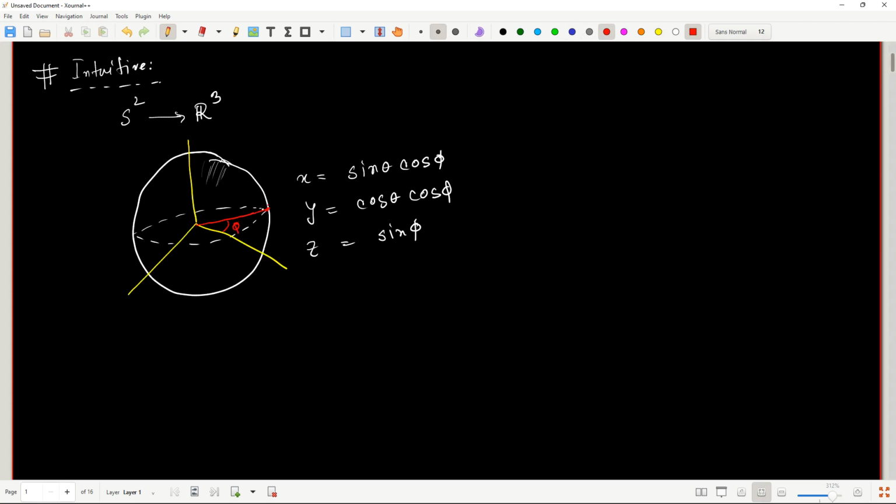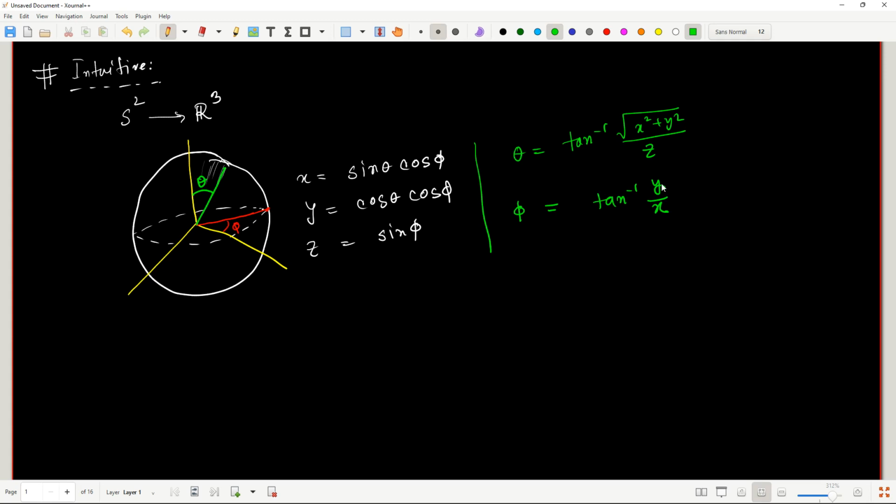This is phi, and this is theta. And you can even invert these expressions to find expressions for theta and phi. If you do that, this is fairly easy. You will have theta as tan inverse of square root of x squared plus y squared divided by z, and phi would be equal to tan inverse of y by x.